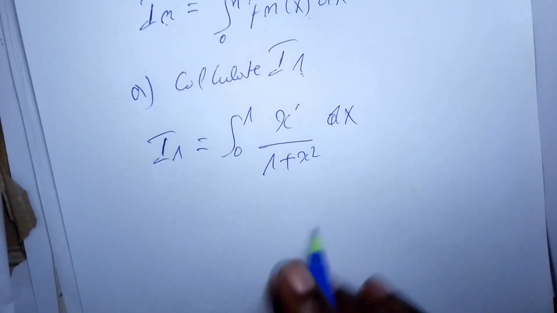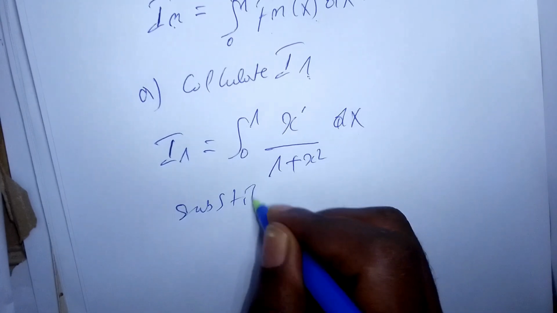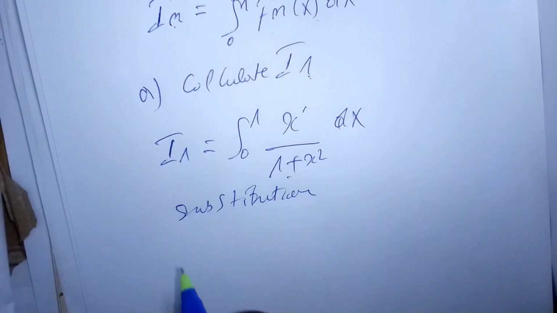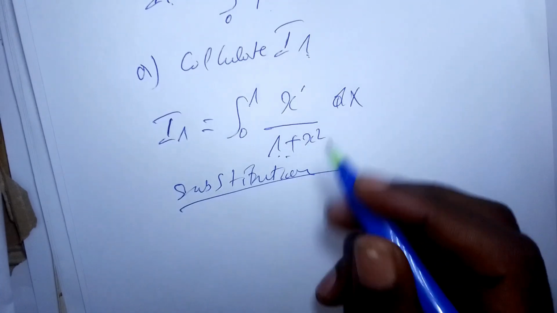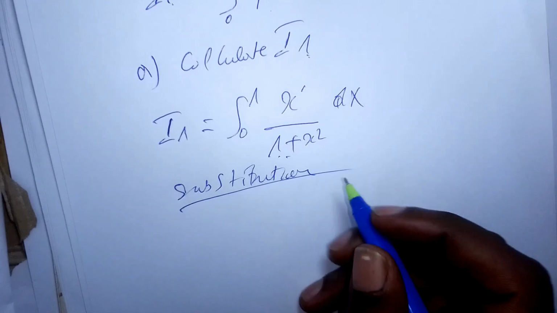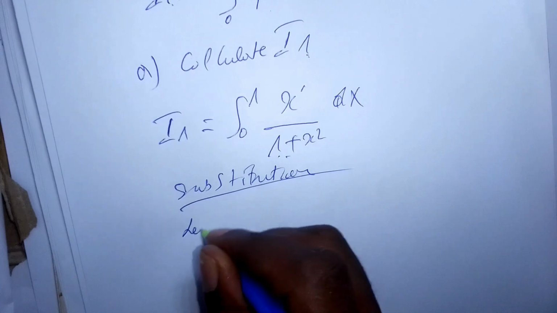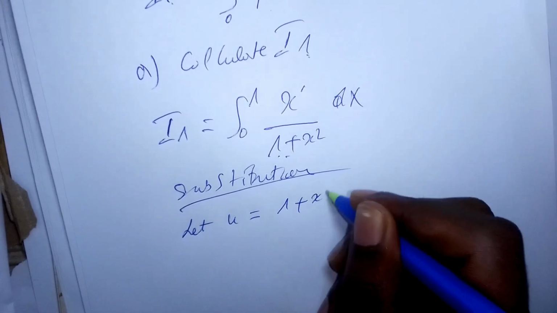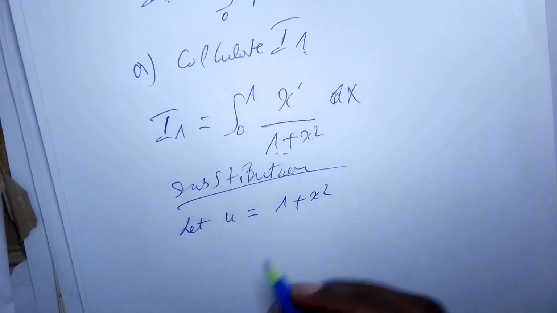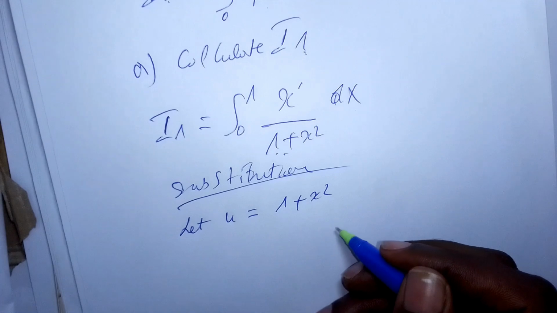We are going to use the substitution method. We take this 1 plus x squared, so let u equal 1 plus x squared.